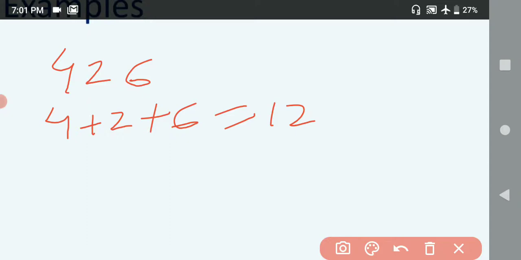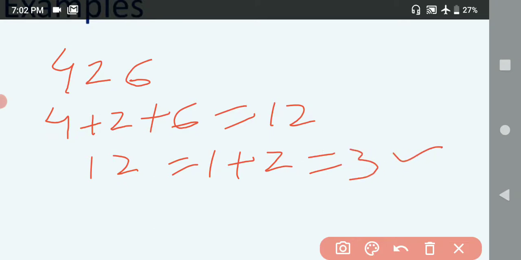If you are not able to tell because it is not a simple number, then again you can take the sum: 1 plus 2, that is 3. 3 is divisible by 3. It means 12 is divisible by 3, and if 12 is divisible by 3, it means 426 is divisible by 3. So we can say that yes, it is divisible by 3.